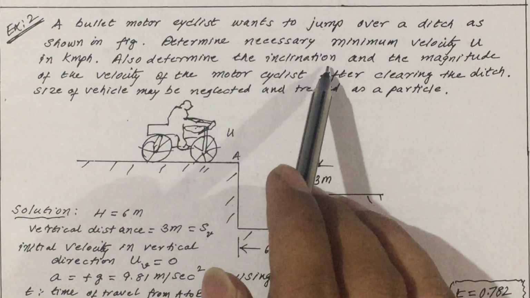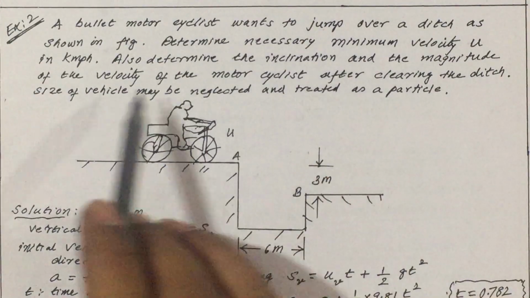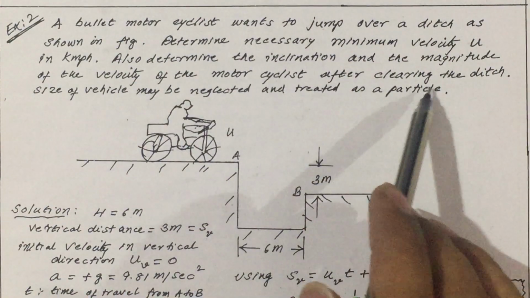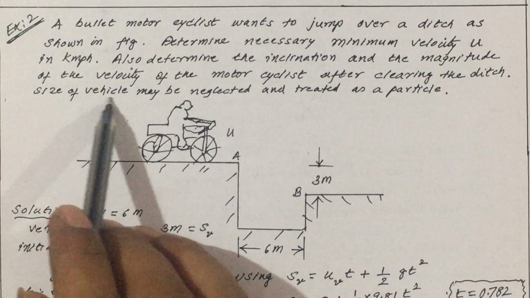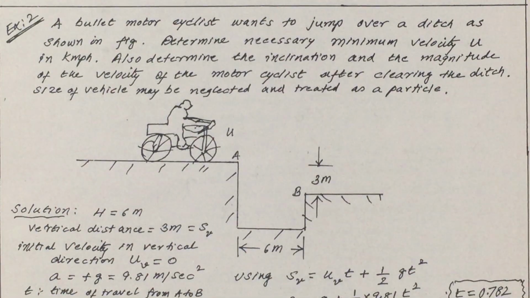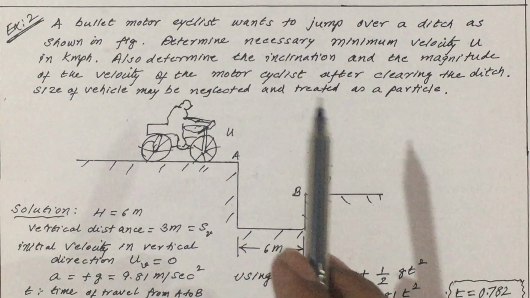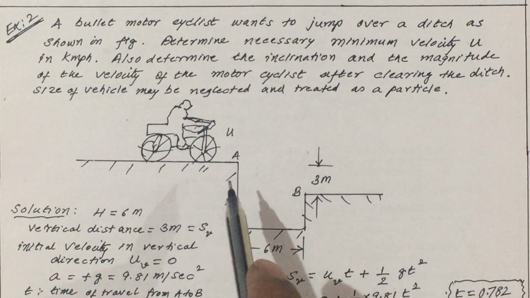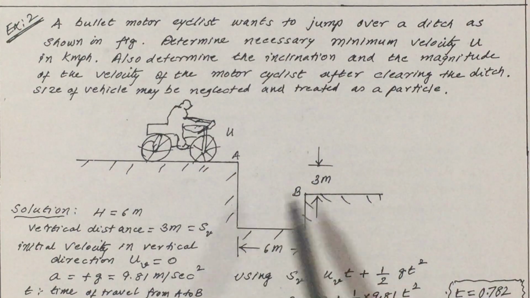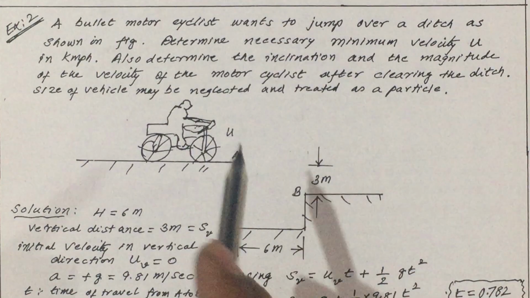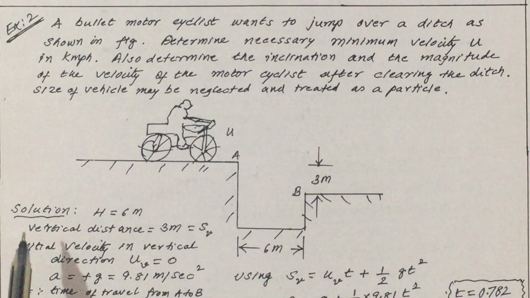Also, determine the inclination and the magnitude of the velocity of the motor cyclist after clearing the ditch. Size of the vehicle may be neglected and treated as a particle. So, here it is a cyclist, he wants to jump over this ditch. So, first read the problem and gather the data.